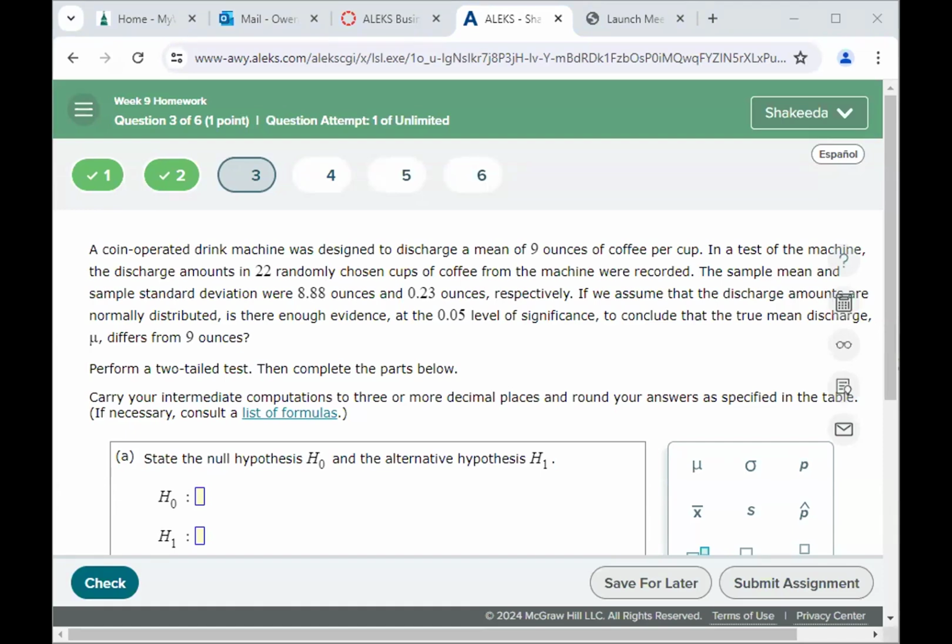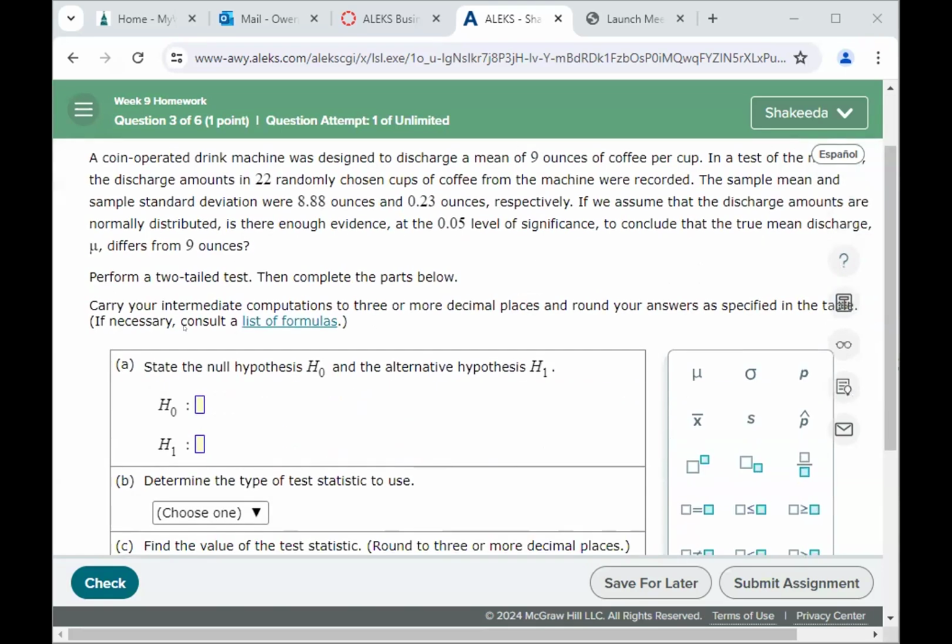I feel like that's wrong. So you should have a sample mean of 8.88, a mean of 9, a sample standard deviation of 0.23, a sample size of 22, and a degree of freedom of 21. Yes, okay, so I did fill it in correctly.